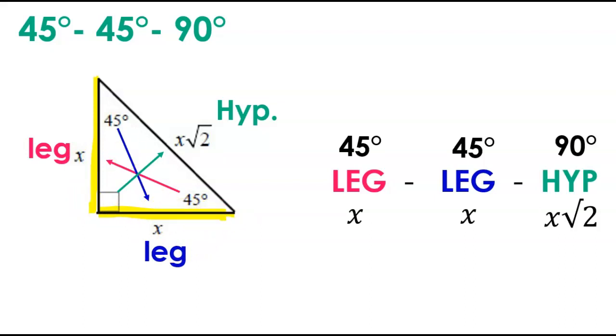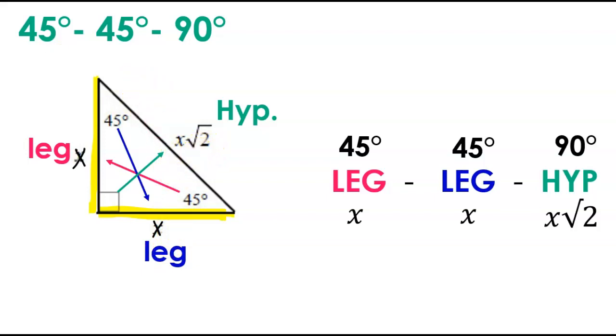Notice that their value is x. That's because if you have those two angles that are the same, the two legs are going to be the same because it's an isosceles triangle. So notice if this leg is x, then this leg would be x as well, okay? The hypotenuse will always be x square root of 2.